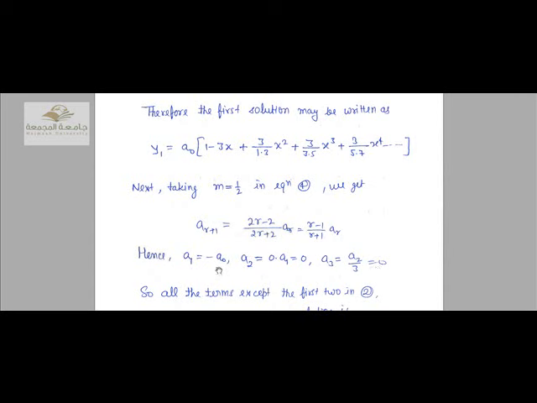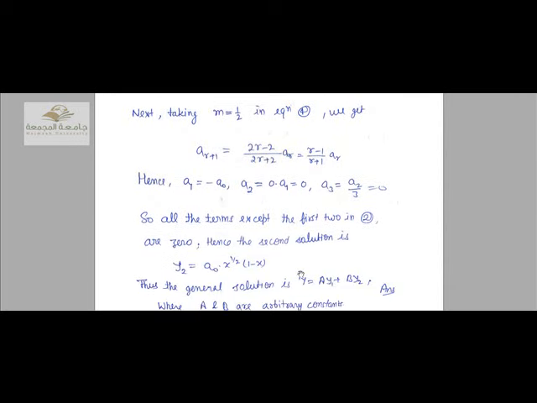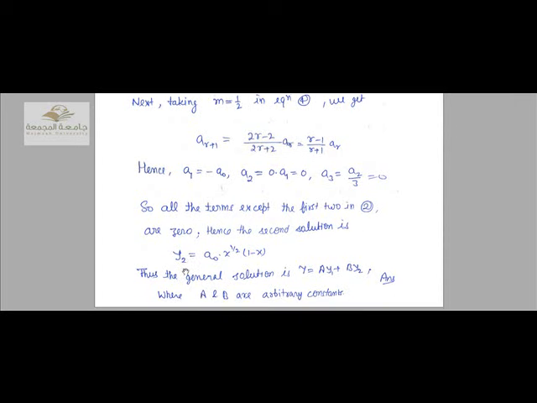So all the terms except the first two are 0, and hence the second solution is y2 is equal to a0 x to the power half (1 minus x), and thus the general solution is y is equal to a y1 plus b y2, where a and b are arbitrary constants.